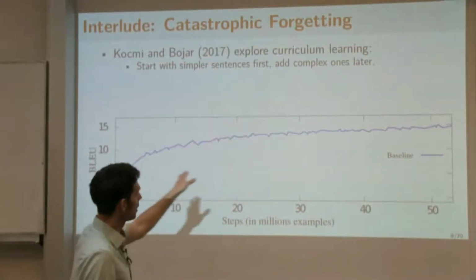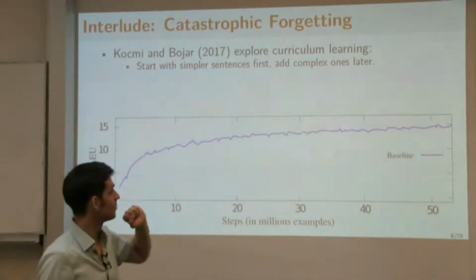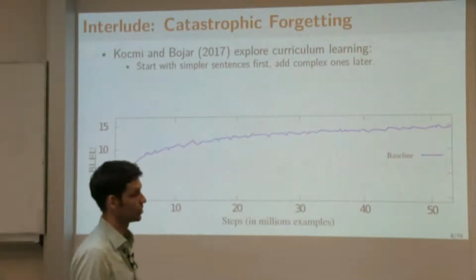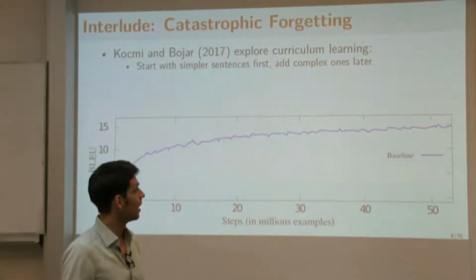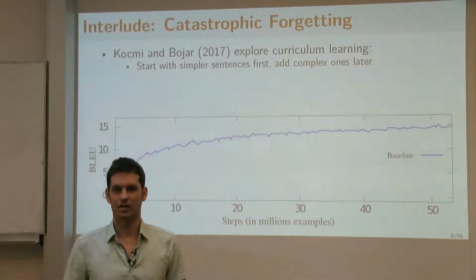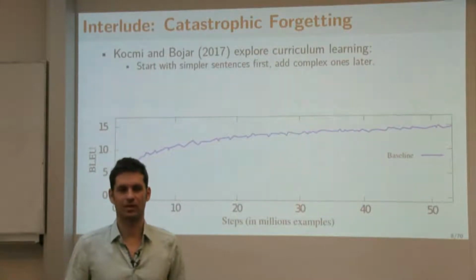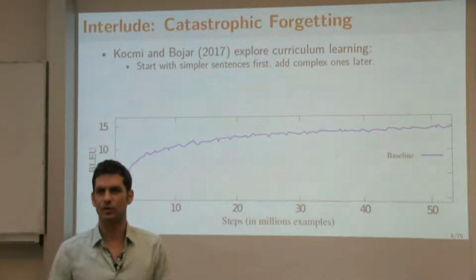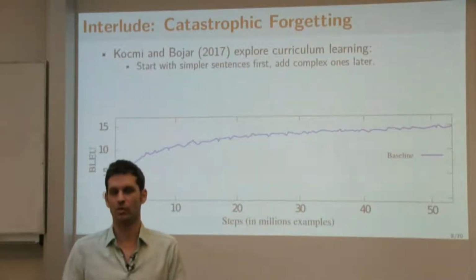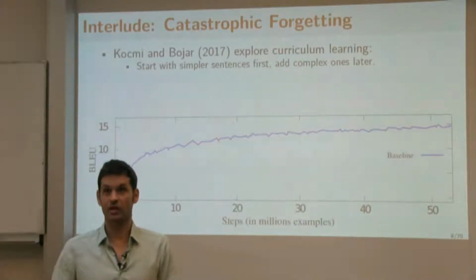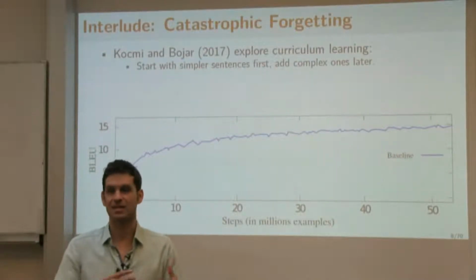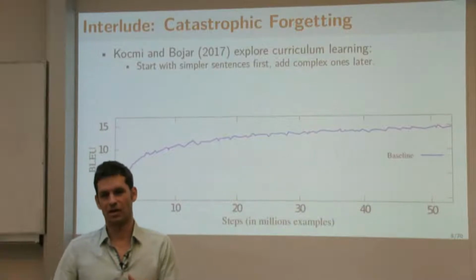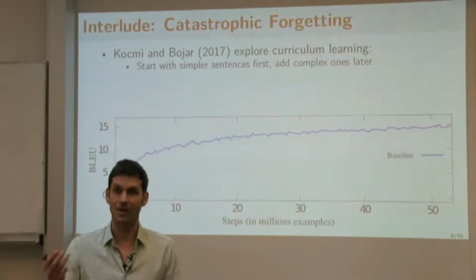Again, we have the baseline, some machine translation system, which is learning on a big English Czech corpus. And that was our experiment with helping the model to learn better in a way similar to humans. Maybe let's show the models, let's show in training data, let's first show some easy sentences, and if the model learns well on the easy sentences, then it would understand better the more complex sentences.